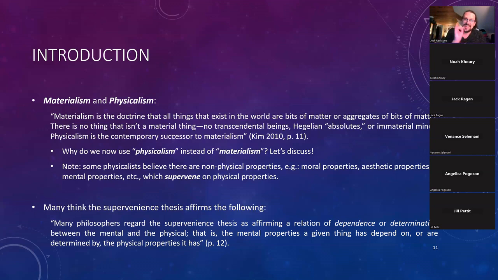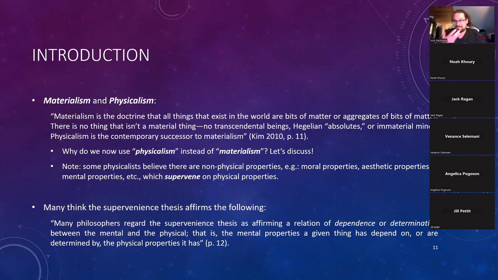Now, the point is that these non-physical properties, like moral properties, aesthetic properties, and mental properties, are taken by many philosophers to supervene on the physical properties. Let's say that you have a nice symmetrical face and large eyes, right? These are physical properties.